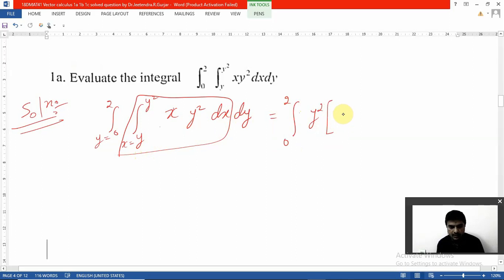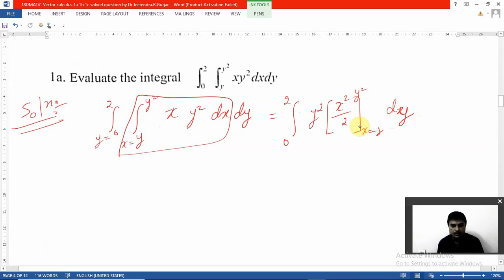Here I am going to take integration of x is x square by 2 in the limit x is equal to y, square dy. Yes, friends, is it clear now?